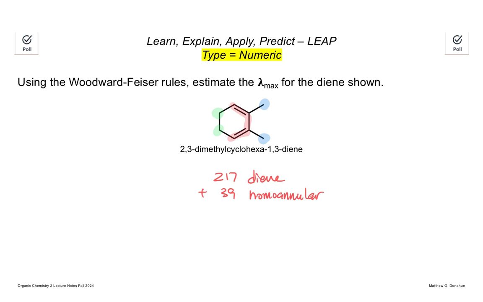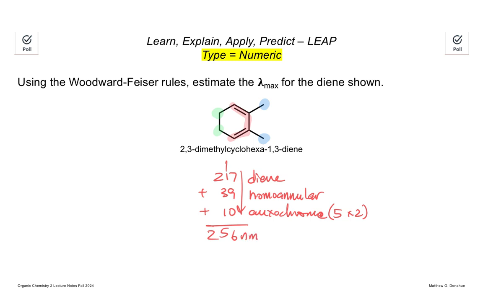So the oxychromes account for 10, which is 5 times 2. So we add that together, we get 6 plus 1, 3, 4, 5, 6.